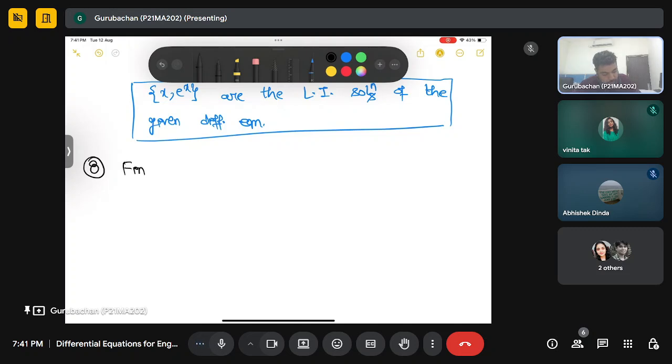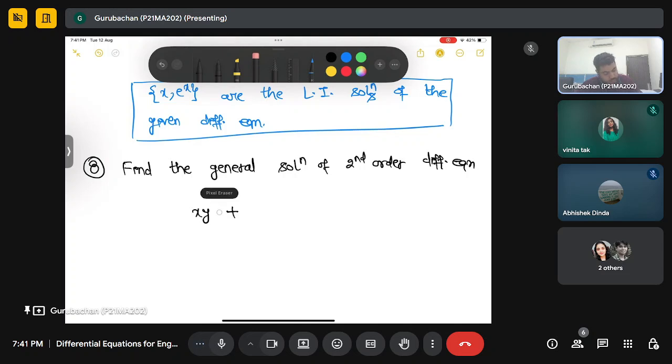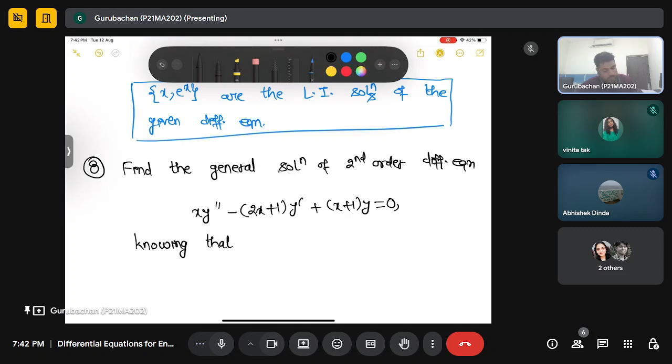Find the general solution of the second order equation x y double dash minus 2x plus 1 y dash plus x plus 1 y is equal to 0, knowing that an exponential function is a solution.